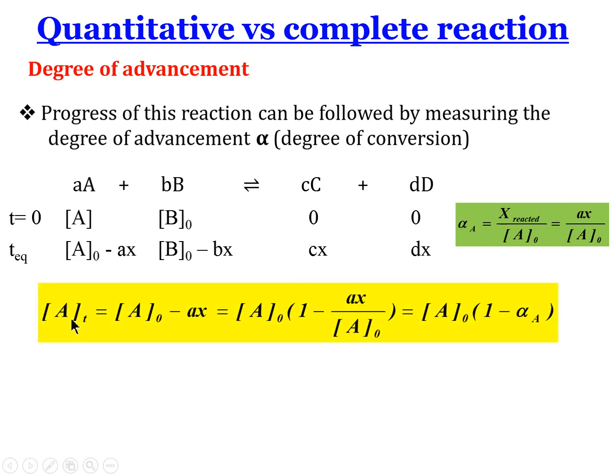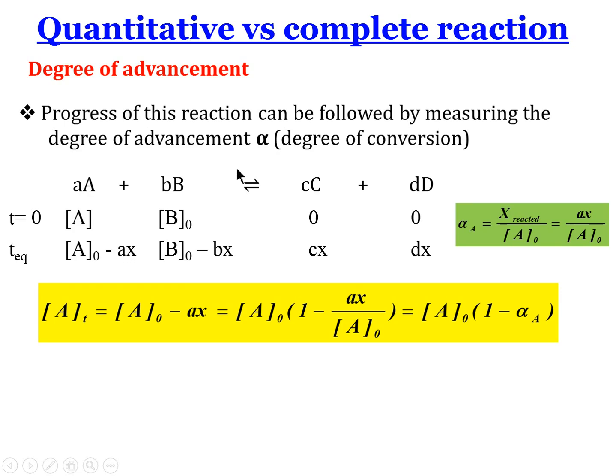And At, the concentration of A remaining at time t, is equal to the initial concentration minus the concentration reacted, equal to A0 minus AX, which equals A0 times (1 minus AX over A0), equal to A0 times (1 minus alpha A).